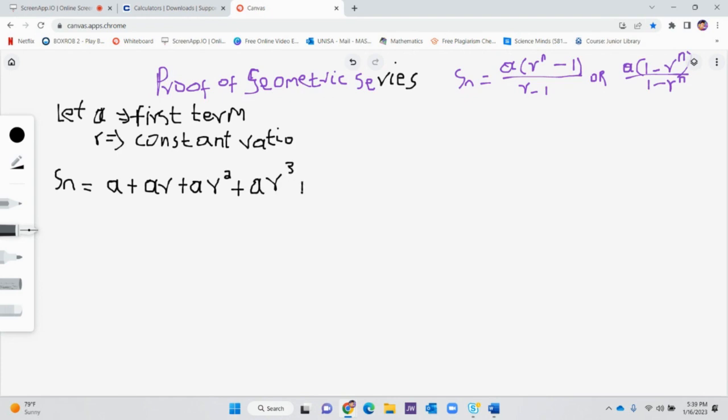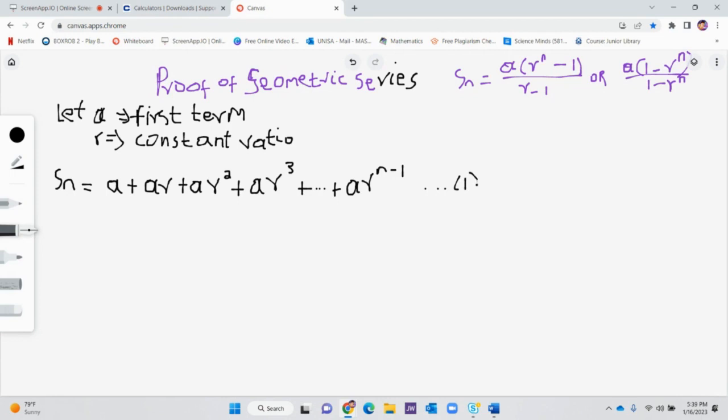And then plus dot dot dot up to our geometric sequence nth term, of which the formula is ar to the power of n minus 1. This should be our equation 1.